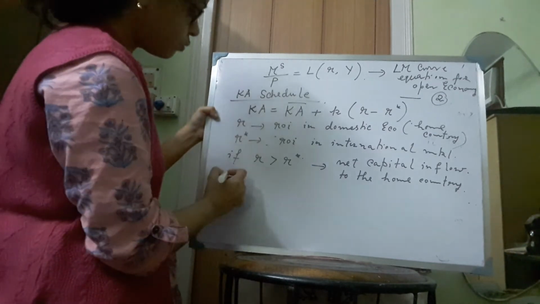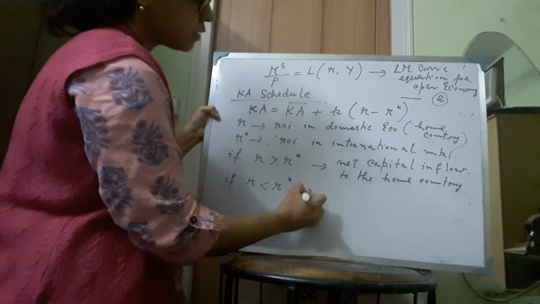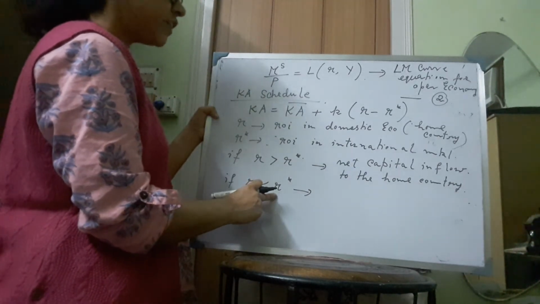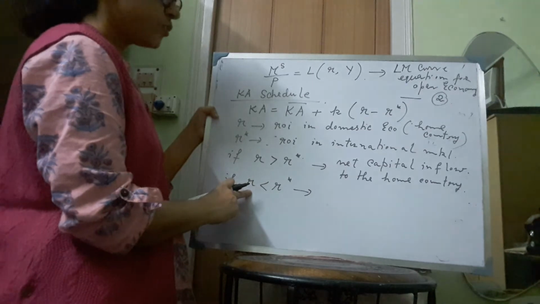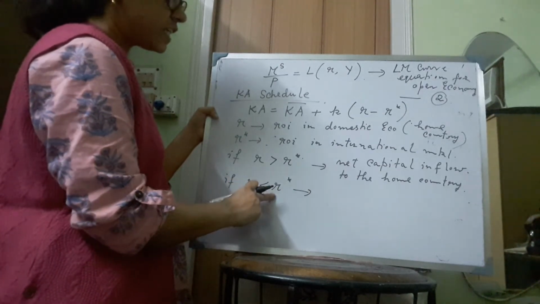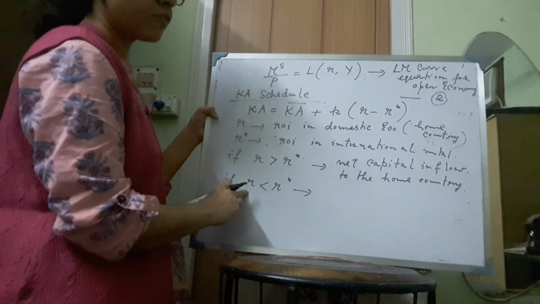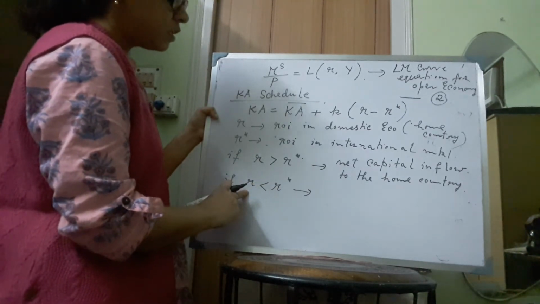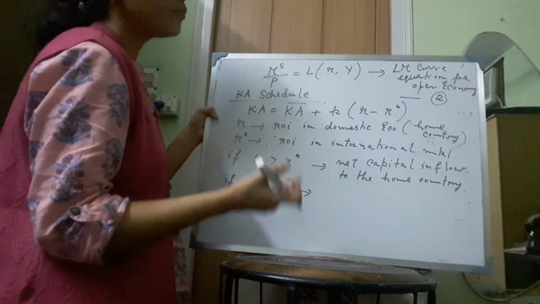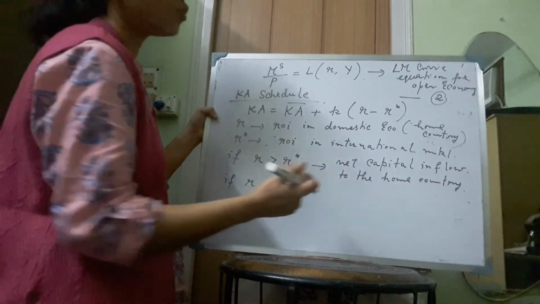Now if r is less than r star, that means the internationally determined rate of interest is higher than the domestic rate of interest. So internationally the rate of interest being offered is higher than the domestic rate of interest. Therefore there will be a capital flight from the home currency, and then there will be a net capital outflow from the home country.